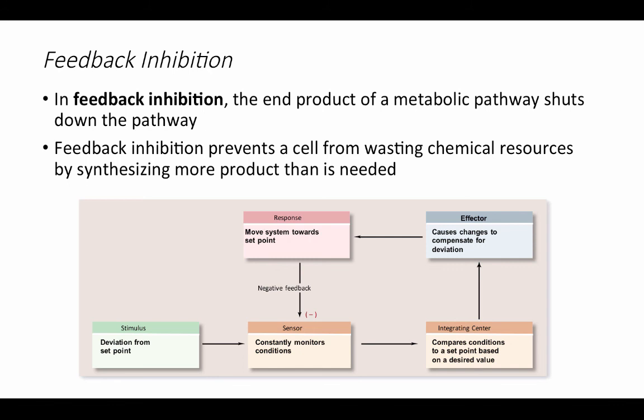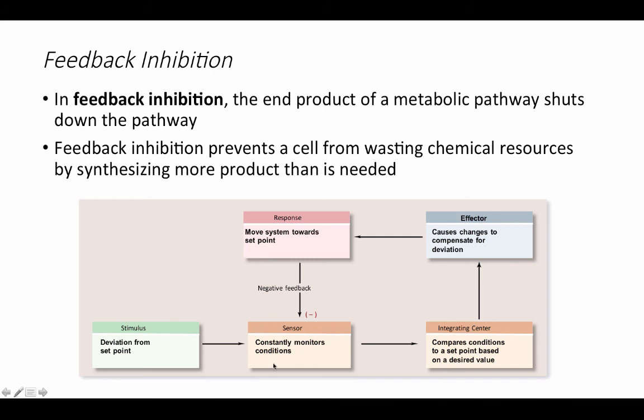And so this is an example of a negative feedback loop. This is a general diagram in which we have some sort of what we call a set point, an ideal value for whatever's being measured, and there's going to be some kind of a stimulus in the form of a deviation from that set point. Whatever the thing is, its level is not quite right.